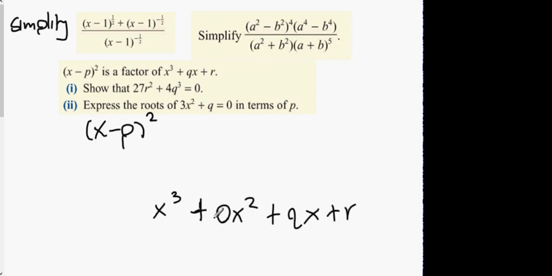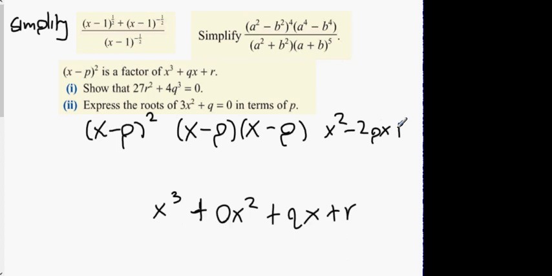Now the problem is it's in squared mode, and we've never divided anything like this; we usually multiply it out and we have a quadratic to divide in. So we're going to get x squared minus 2px plus p squared. Okay? So we're going to have x squared minus 2px plus p squared all divided into this here.